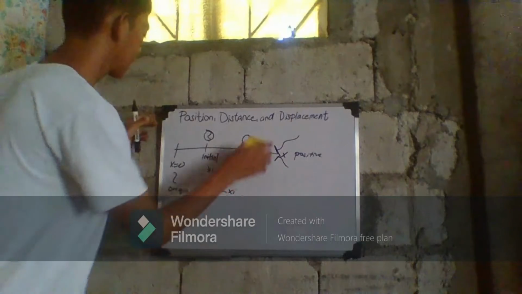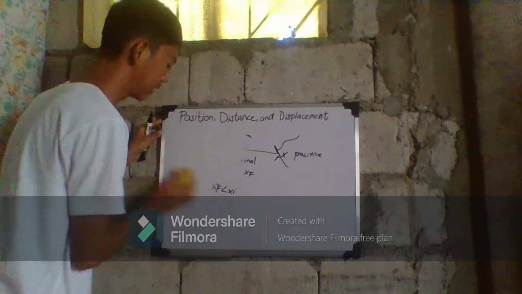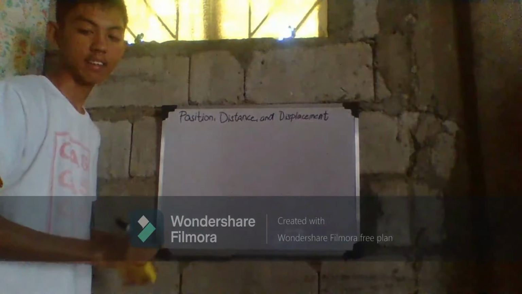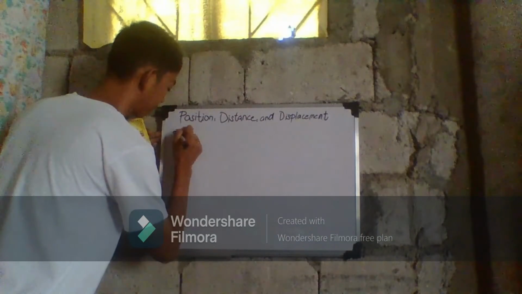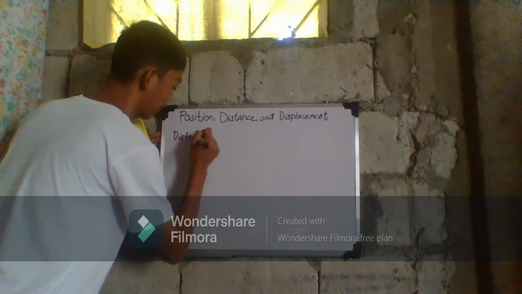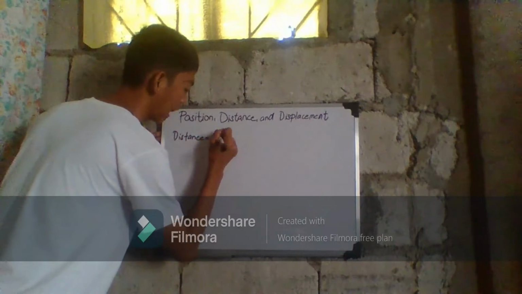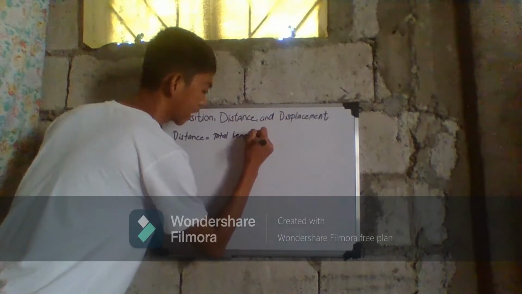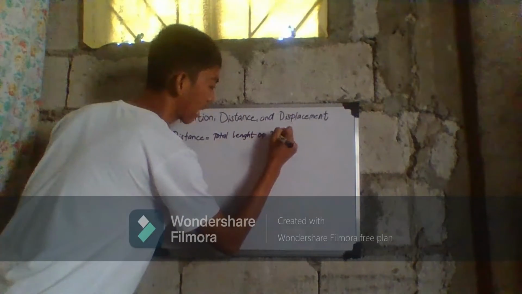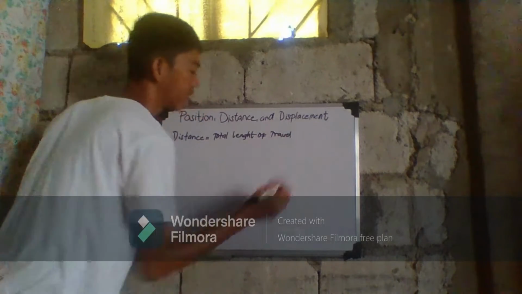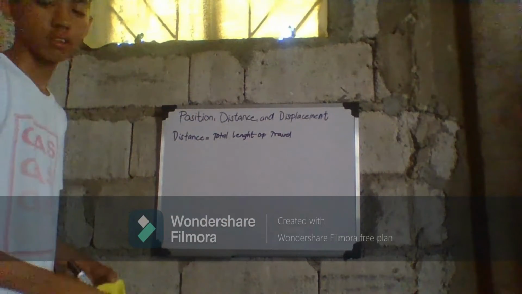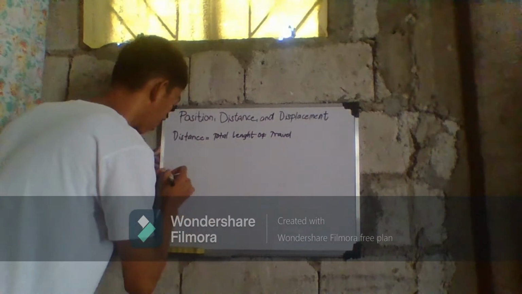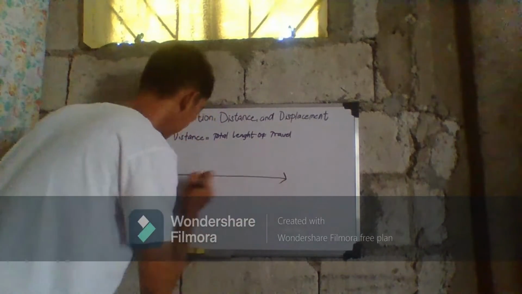So, let's proceed to distance. Distance is equal to the total length of travel. So, let's draw our object there. Let's first draw our coordinate system.